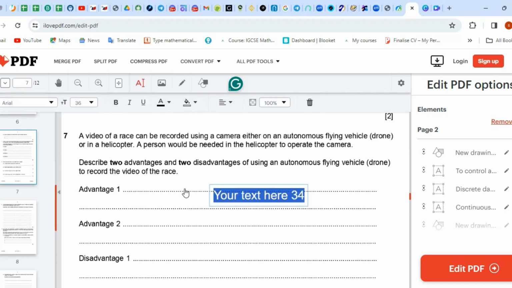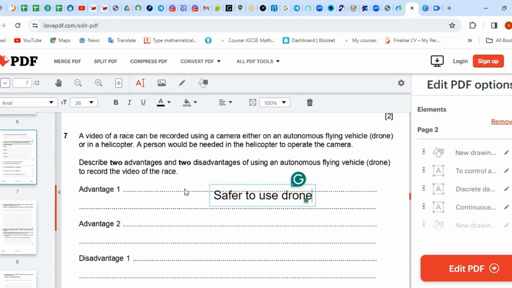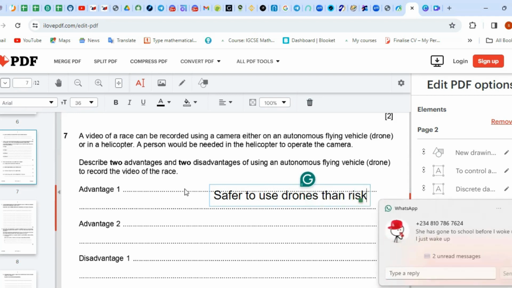Now, as I told you, you can sit down at the comfort of your house or in the game center and just fly the drone around and get the pictures that you want to get. So it is safer to use drones than what?